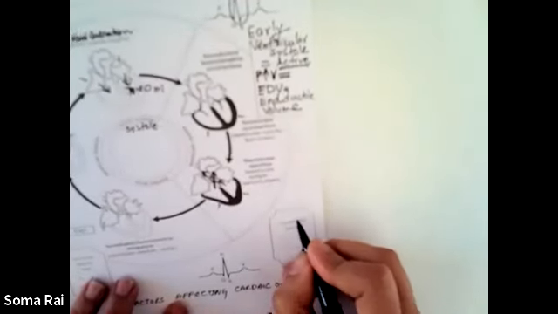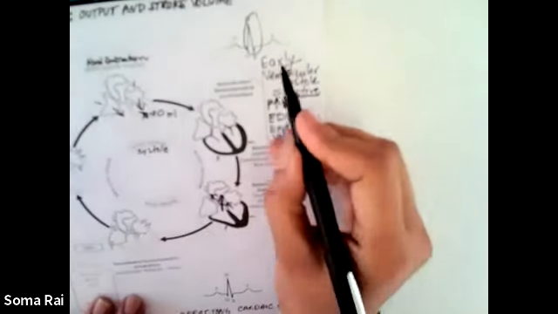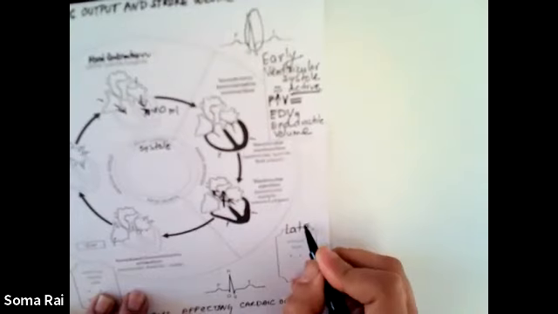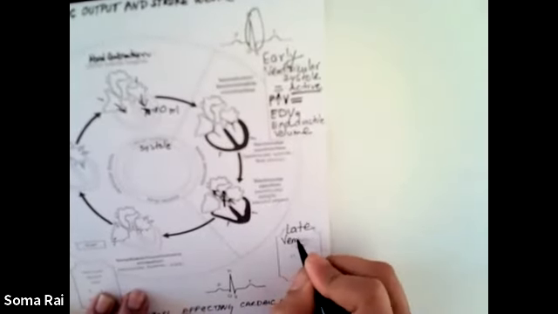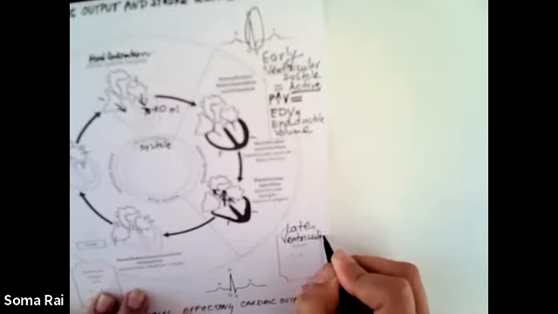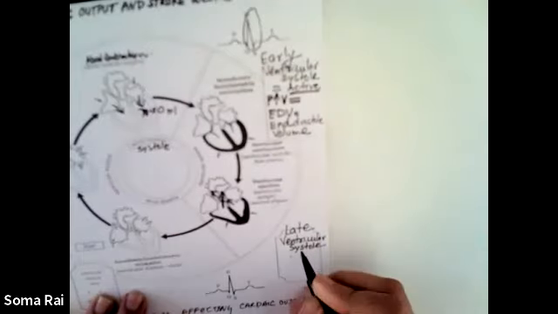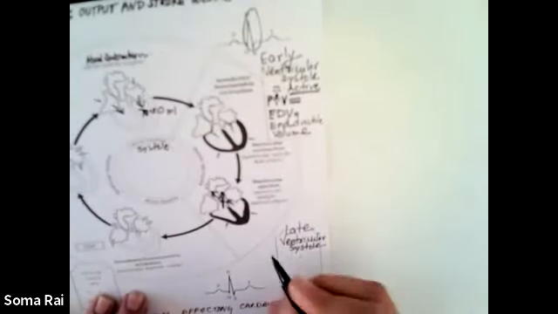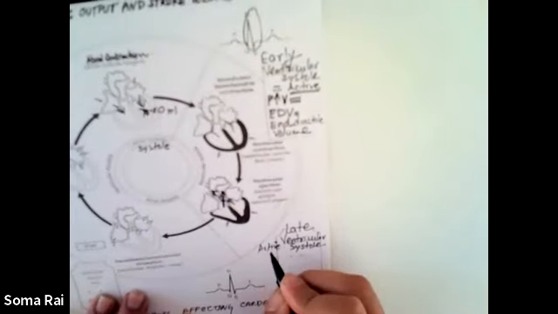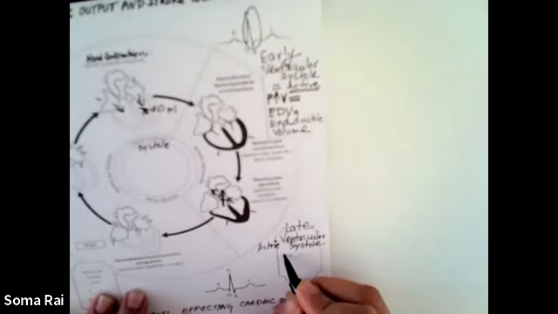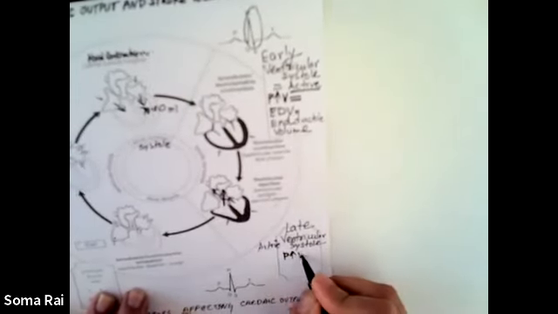Okay, so what can we say about this phase? This is not early, this is late ventricular systole. Okay, it is also an active phase. This is active as well because there is contraction. The pressure in the chamber is high, of course, because you can see the muscles are contracting.